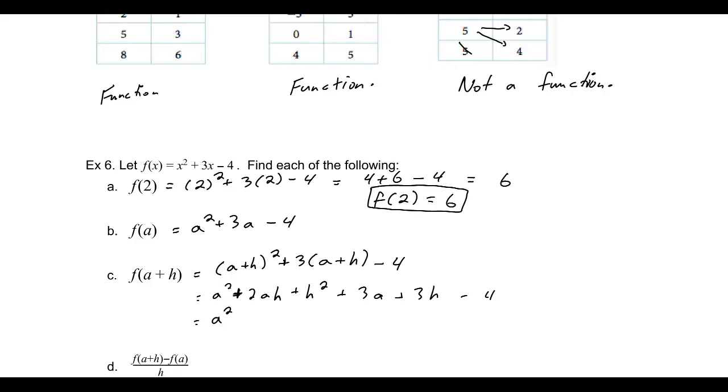We'll go ahead and write that anyways. a squared plus 2ah plus h squared plus 3a plus 3h minus 4. That is f of a plus h.